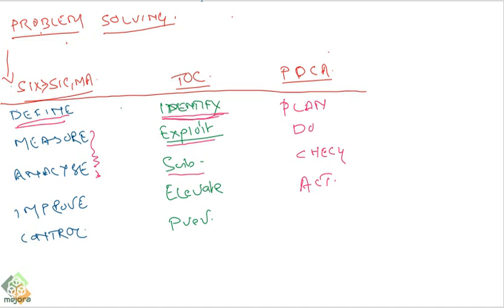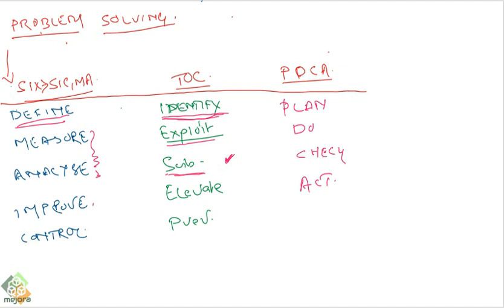Here we subordinate everything to improve this constraint. So to improve this traffic signal, we subordinate everything to it. The way you would have seen in traffic signals, if there is a congestion, they use some other roads beside it, right?